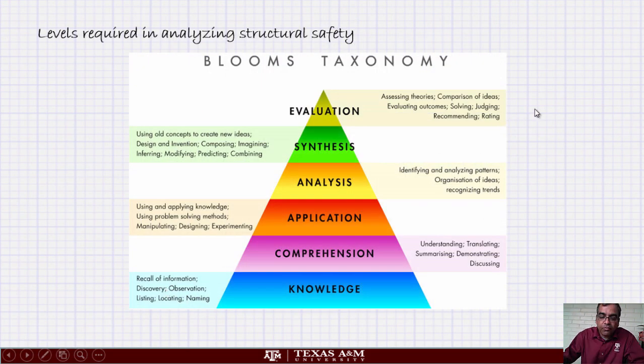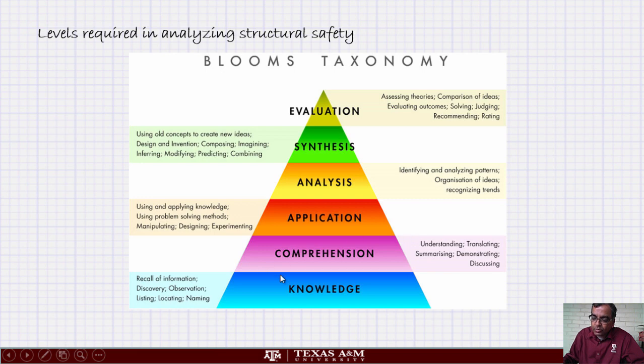Before we jump in, I want to remind you about these levels of thinking, which have to do with Bloom's taxonomy. Notice that at the bottom end is called knowledge, and what is required is recall of information: locating, naming, listing, observing. That's very low level in Bloom's taxonomy.